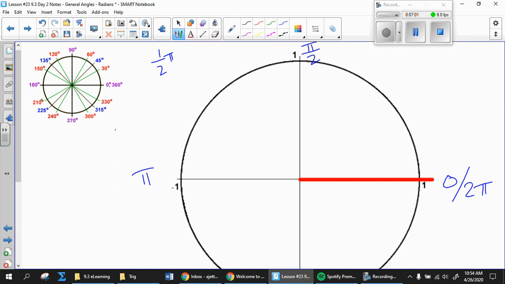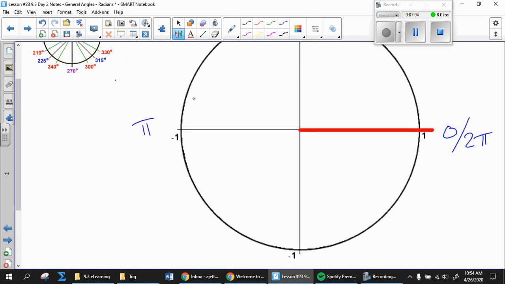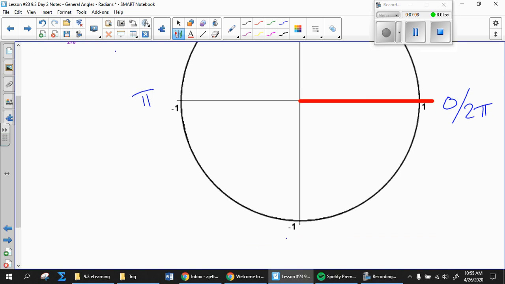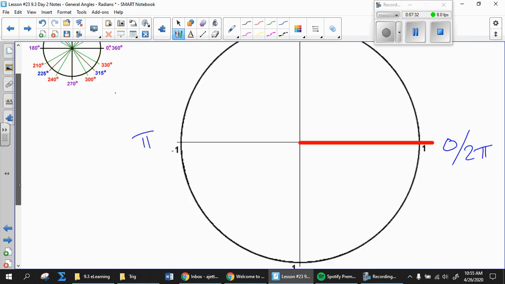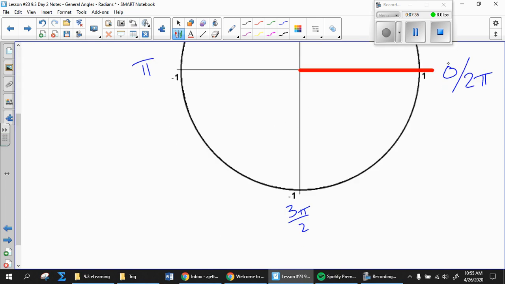So if I have 1/2 pi, 1 pi, this is going to be 3 pi over 2, or 3/2 pi down here, because each quadrant is 1/2 pi. So I have 1/2 pi, 2/2 pi, 3/2 pi, and then over here I get 4/2 pi. If you ever need to change these into decimals, you can do that too to help you. So this is 0.5 pi, this is 1 pi, this is 1.5 pi, and then 2 pi.